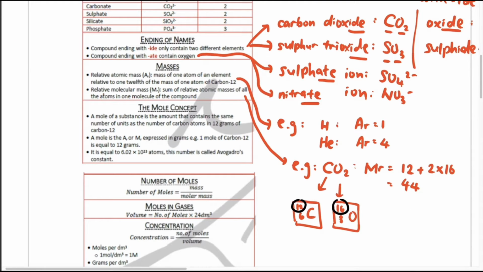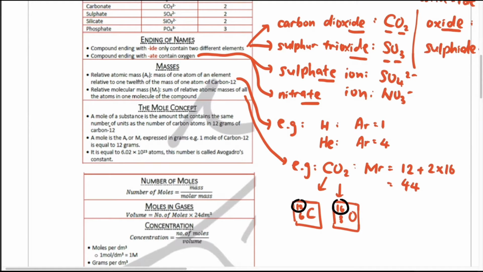Now we look at the next point, the mole concept. The first point: a mole of a substance is the amount that contains the same number of units as the number of carbon atoms in 12 grams of carbon-12. So this is the definition of a mole.